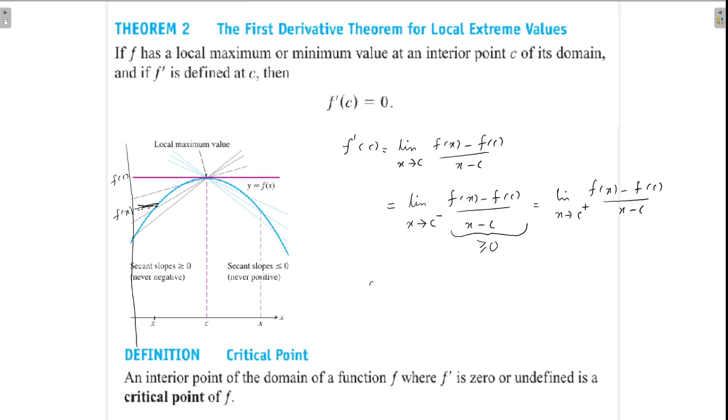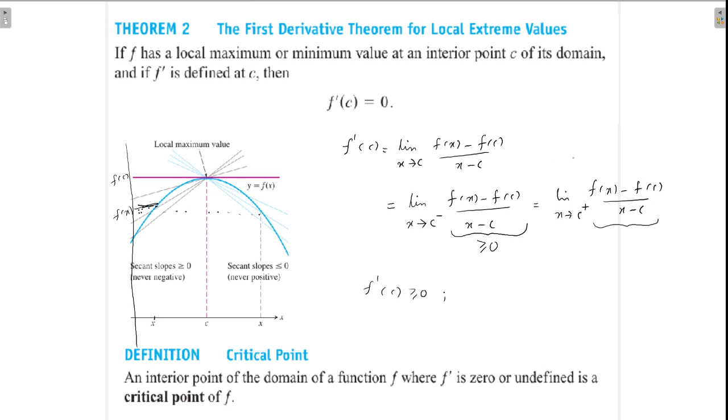So from this we can say that f dash C is greater than or equal to 0. Now observe the same quantity, f of x minus f of C divided by x minus C, when we take x from the right hand side of C. Here this is our f of x, and the same inequality holds for f of x and f of C: f of C is greater than or equal to f of x.